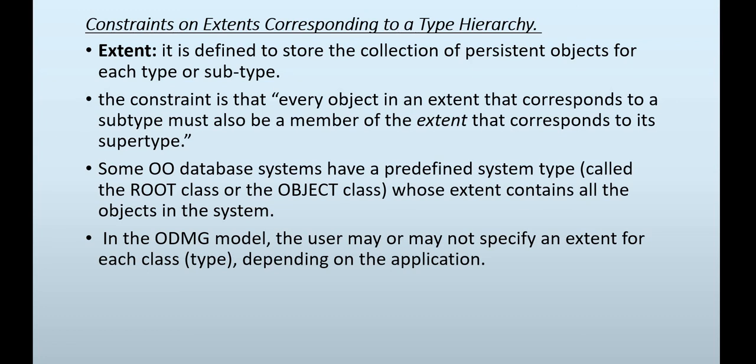Some object-oriented database systems have a predefined system type called the root class or the object class whose extent contains all the objects in the system. Please note that the meaning of extent is the collection of persistent objects.